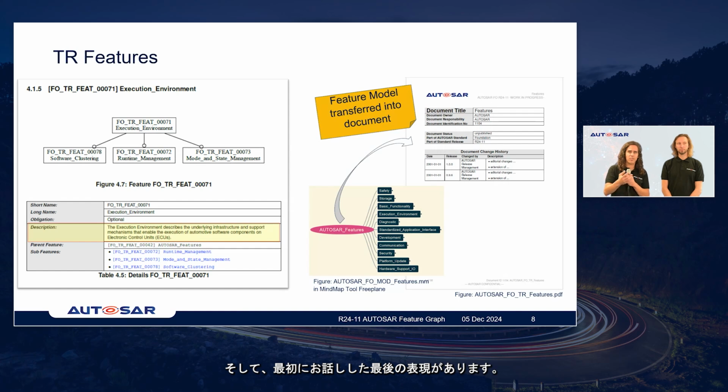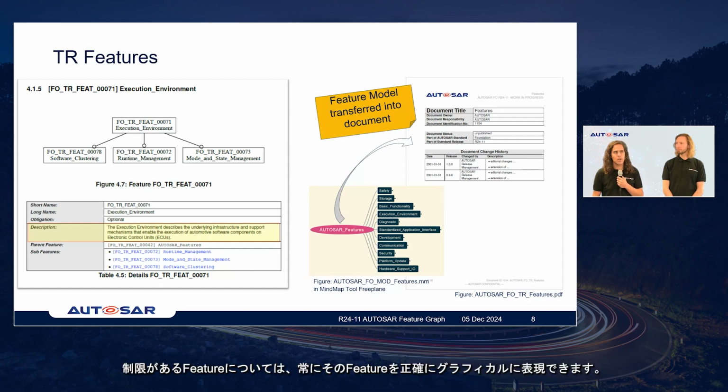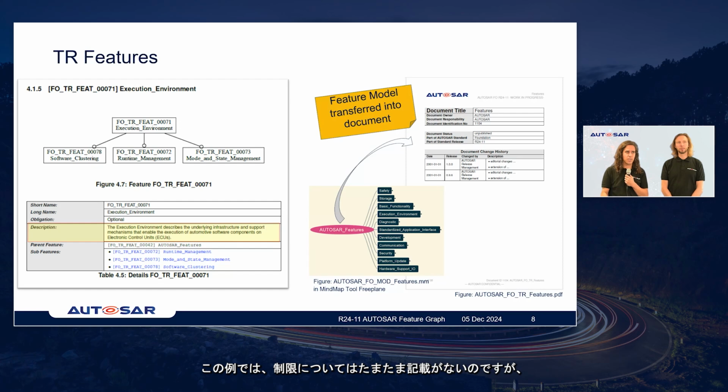And then there was a last representation which I initially told you about. It was the representation I called the feature catalog. And here on the left-hand side, we see one example of how a feature is represented in this catalog. You always get a graphical representation of exactly that feature with restrictions if there are any, but here we don't see any restrictions, but also all the child features of the feature that is described here.